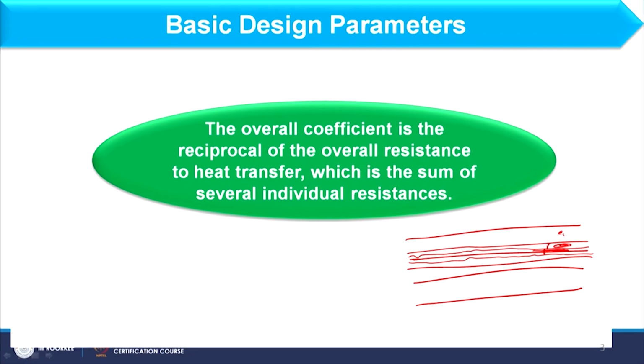And after that we can have transfer of heat from the wall to the inner surface through conduction. And further we can have the resistance which is offered by the dirt formation at the inner surface of the inner pipe. And after that we will have the fluid film inside the inner pipe. So, in this case we can have the heat transfer due to convection.